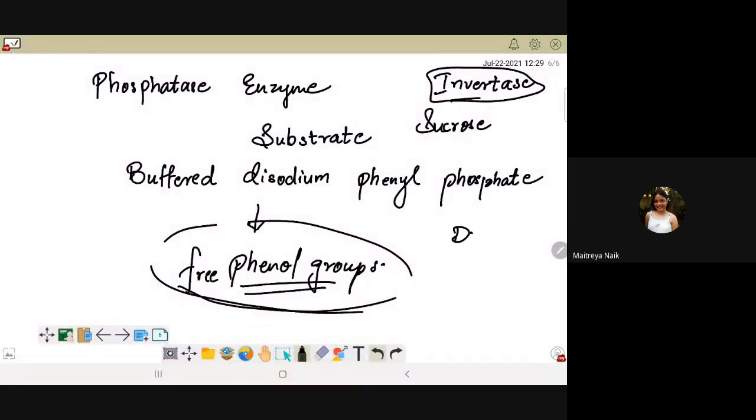And we used to perform DNSA, right. Our standard used to be of DNSA with which sugar? Glucose, monosaccharide. Right. So here we are going to do the same logic. We are going to detect the product, which is the free phenol.